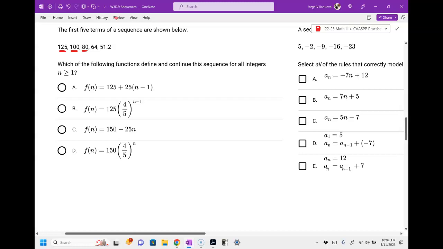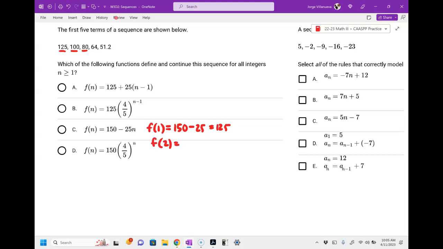So if I start with part C, f of 1, that's 150 minus 25, which is 125. That looks good so far. Now let me try f of 2. F of 2 will be 150 minus 25 times 2 is 50. That's 100.